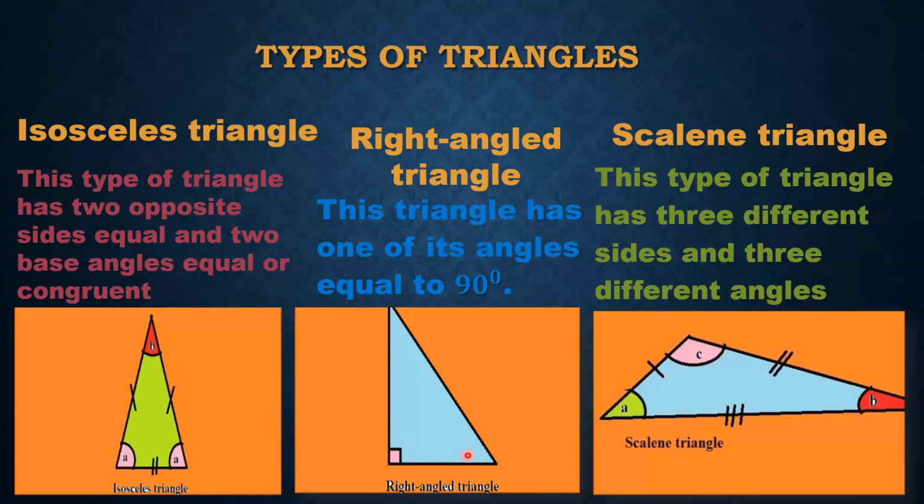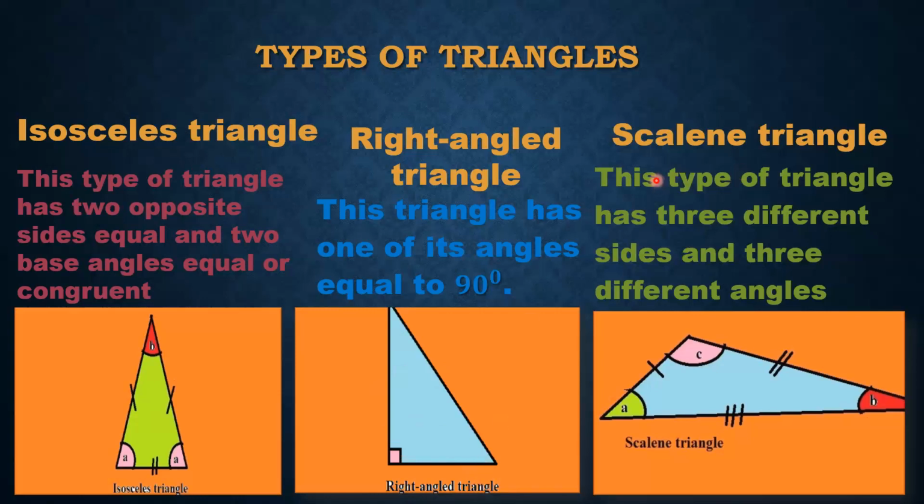So any triangle formed by two perpendicular lines, the vertical and the horizontal, the angle that forms at their point is what? 90 degrees, or a right angle. Because one of its angles is equal to a right angle, or 90 degrees, this type of triangle is called a right angle triangle.